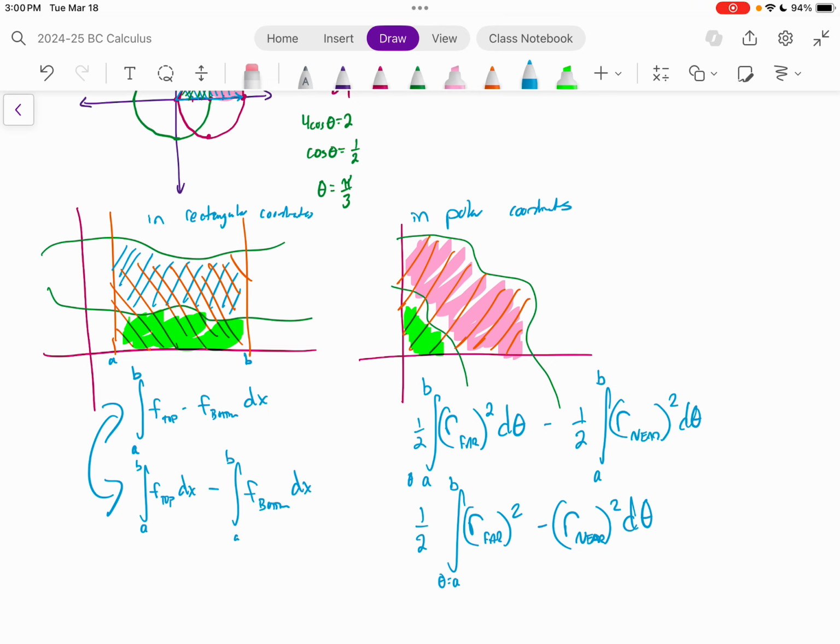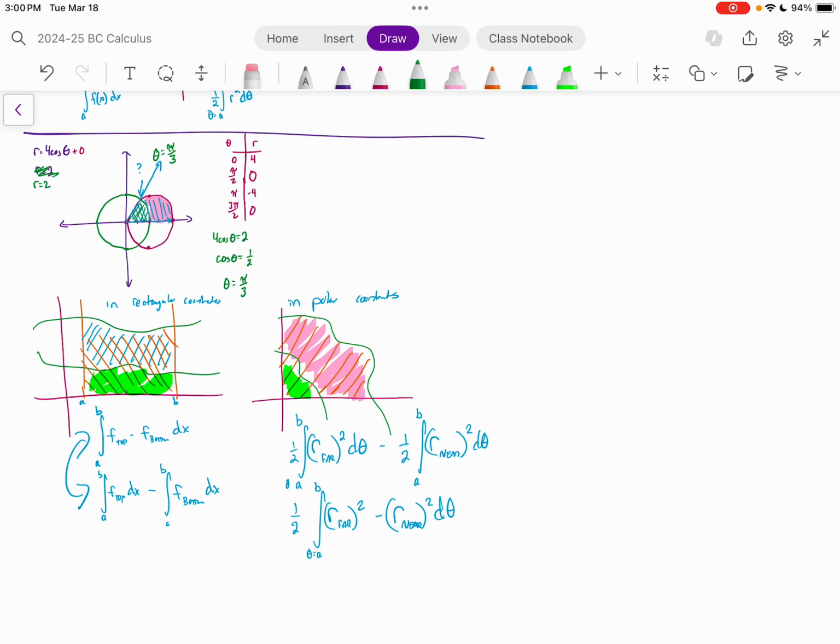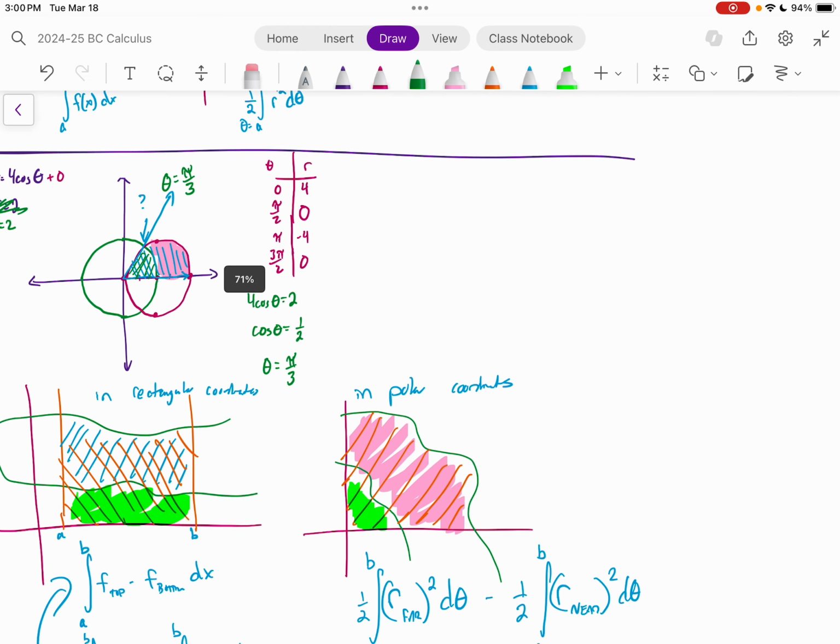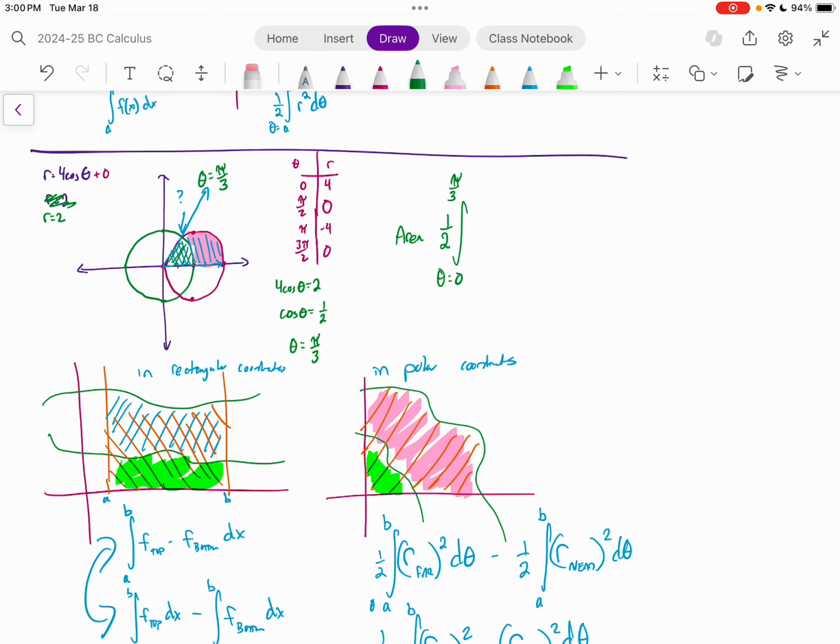So, coming back up, if we were to actually express this area as an integral, this area is going to be the integral from theta equals 0 to pi over 3, 1/2 comes out, r far squared, that's the farther away curve, 4 cosine theta squared, minus r near squared, 2 squared, d theta. Hopefully that made sense.